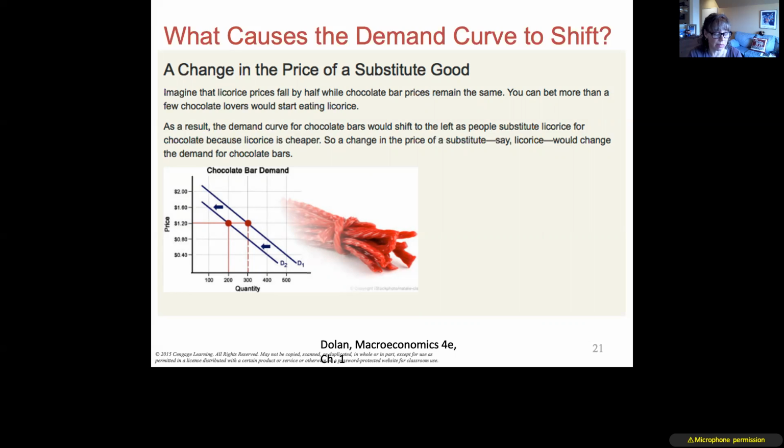You can get much more licorice for the same price. People are going to switch. So as people substitute licorice for chocolate, because licorice is cheaper, it changes the demand for chocolate at the same time because licorice is considered to be a substitute. So the demand for chocolate goes down and people start buying licorice.